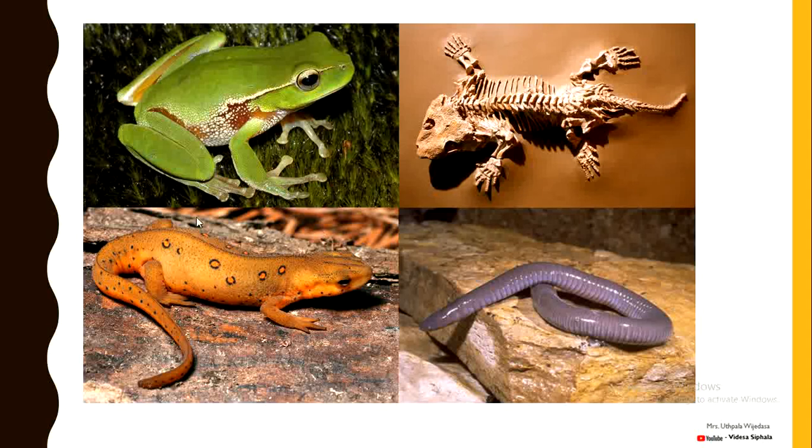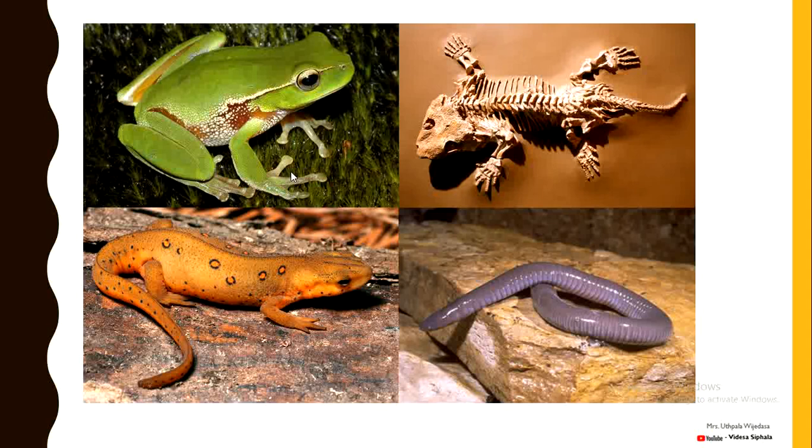They have limbs, and these are known as pentadactyl limbs because these are divided into 5 parts, and in between those there are webs. Therefore, we call them webbed feet. These are important for them for swimming. They have a three-chambered heart with two atria and a single ventricle. Atria are the upper two chambers and the ventricle is the lower chamber.